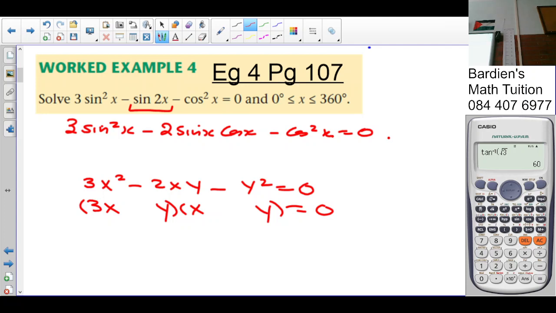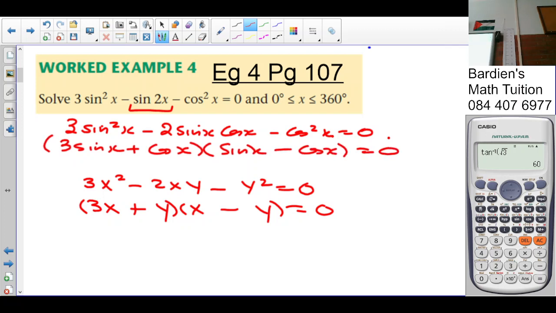That's going to give you negative 3xy plus xy, which gives negative 2xy. So what is in x's place? Sine. So it's going to be 3 sine x plus cos x, into sine x minus cos x equals 0.